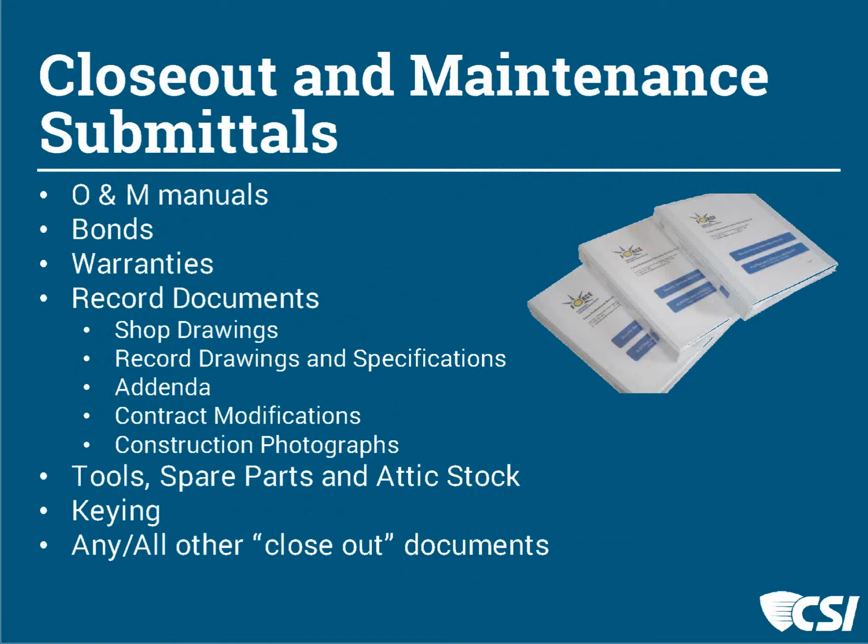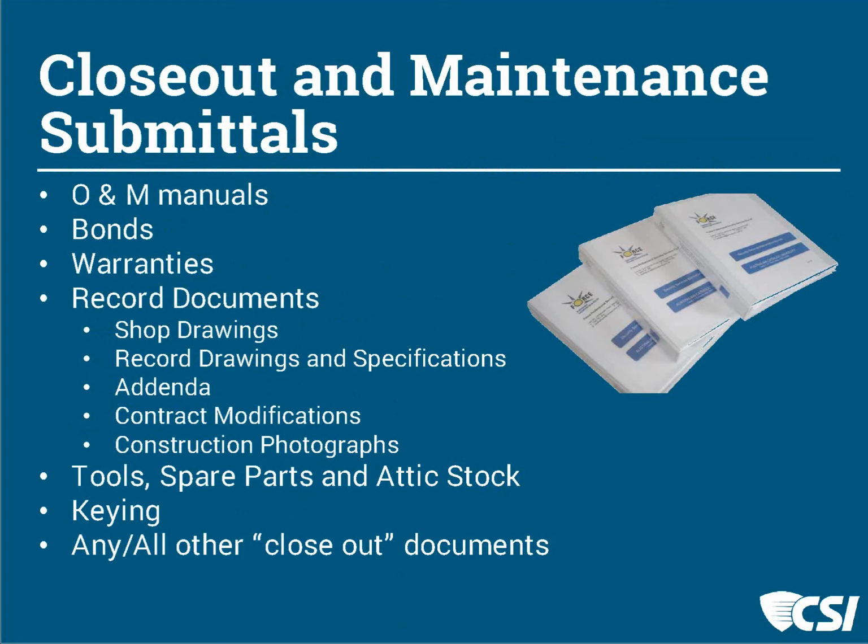Okay. And we'll get a chance to talk about another action, which is we take no action, as we go further here in the slides. And so the next category we're going to talk about would be the closeout and maintenance phase submittals, so that the owner will be provided their operations and maintenance manuals, if there are particular bonds or warranties for various components of the project, whether it's products, roof, or equipment.